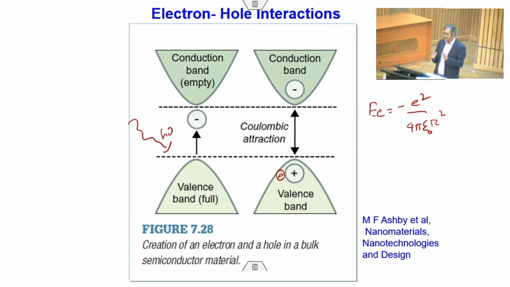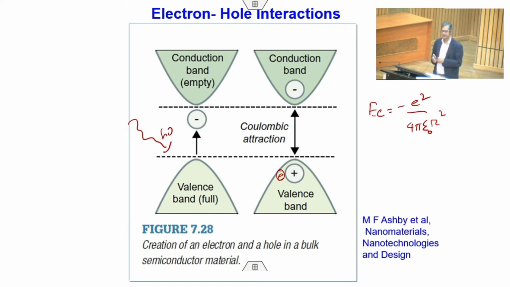Now, what is the effect of this binding? How is it going to change the kinetics of the whole thing? Because of the electrostatic interaction between the hole and the electron, the energy required for the exciton formation is reduced.